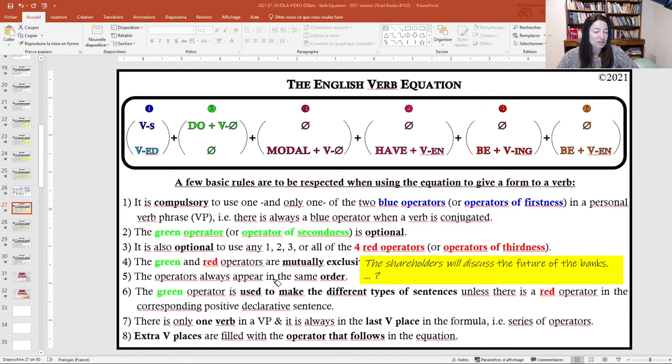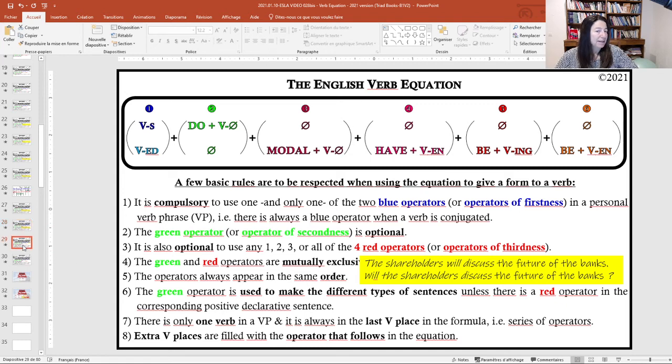Did you find what this sentence is? Remember to pause the video if you need more time, because it's important that you find it yourself. And when you have, just look at the one that's on the screen. The question is, will the shareholders discuss the future of the banks?